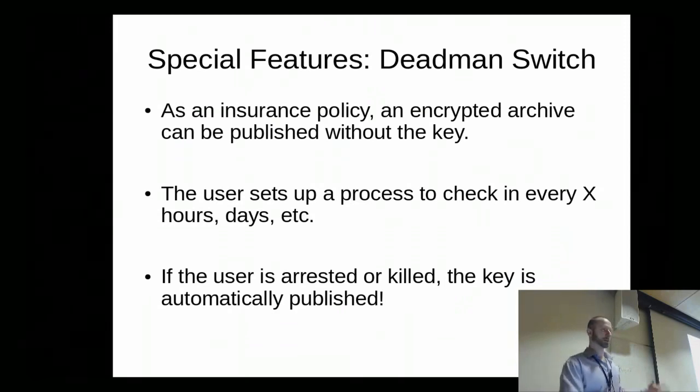Then you can set up some kind of external process so that this person would have to check in on some regular basis, like every X hours or X days or once a week. If this person disappears, if they get arrested or fall down a flight of stairs, this process will automatically publish the key. So it can be an insurance mechanism. This is called a dead man switch. I don't have it fully implemented yet in the code, but it's coming.